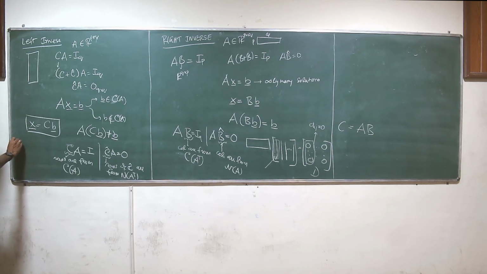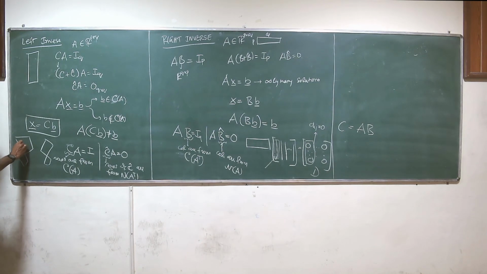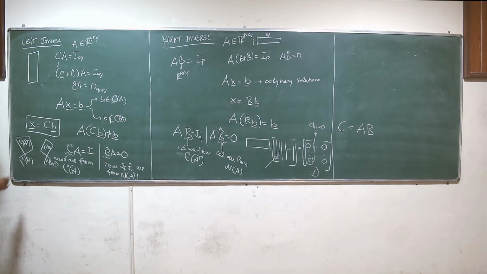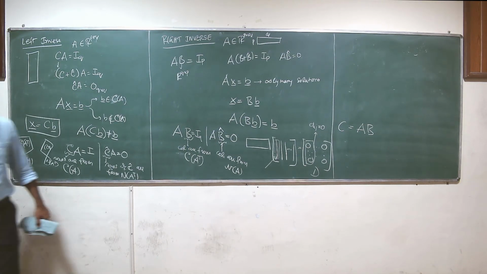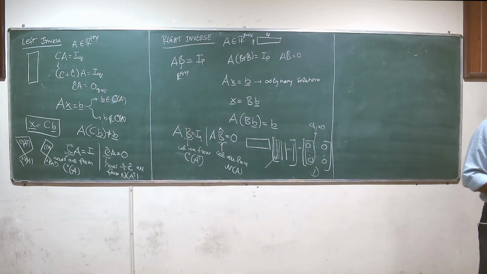See, if that's confusing, just remember this picture. A transpose, C of A, null space of A transpose.